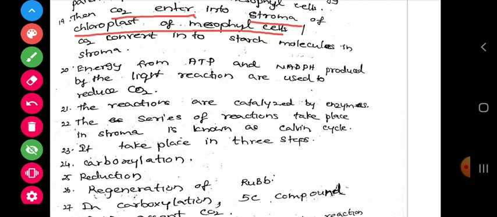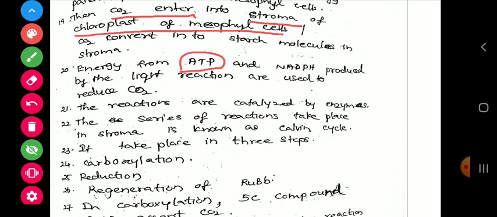We saw that CO2 reaches the mesophyll cells, and then it gets into the chloroplast. In which location of the chloroplast? Into the stroma.